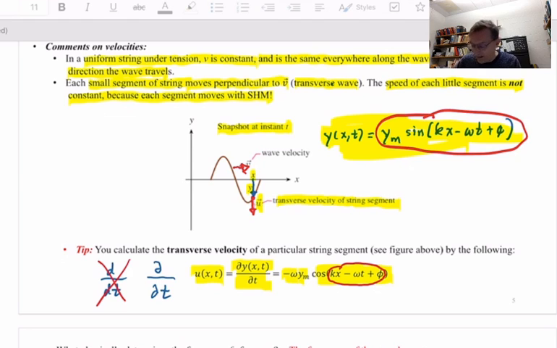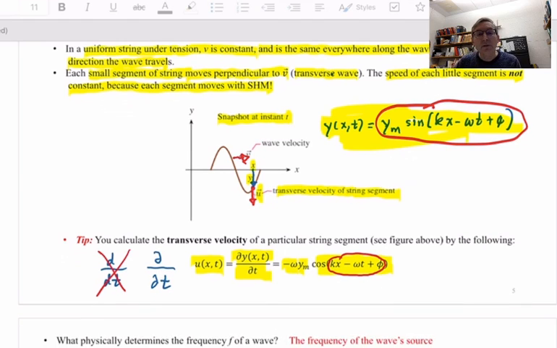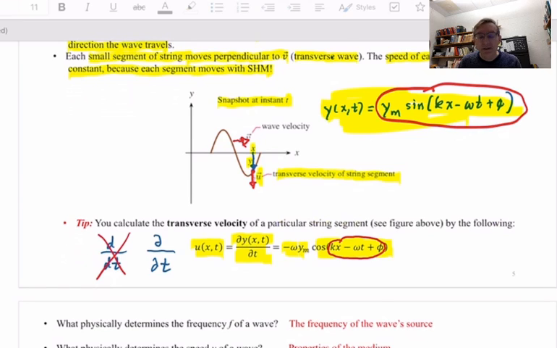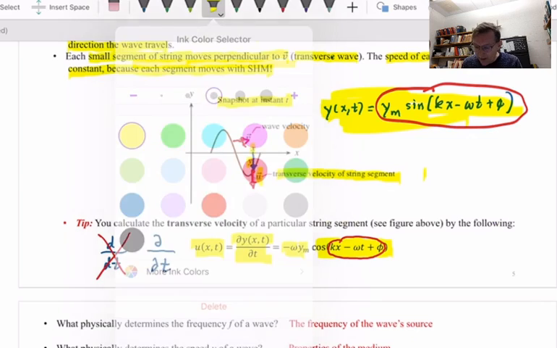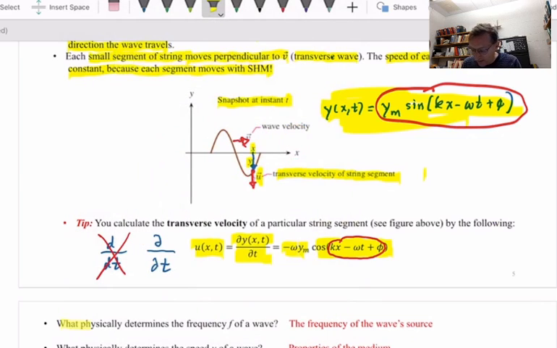And the answer is the frequency of the wave's source. So I've got some machine at one end of the string going up and down with simple harmonic motion. Whatever I set the frequency of that up and down motion to be, that's going to be the frequency of the sinusoidal wave.